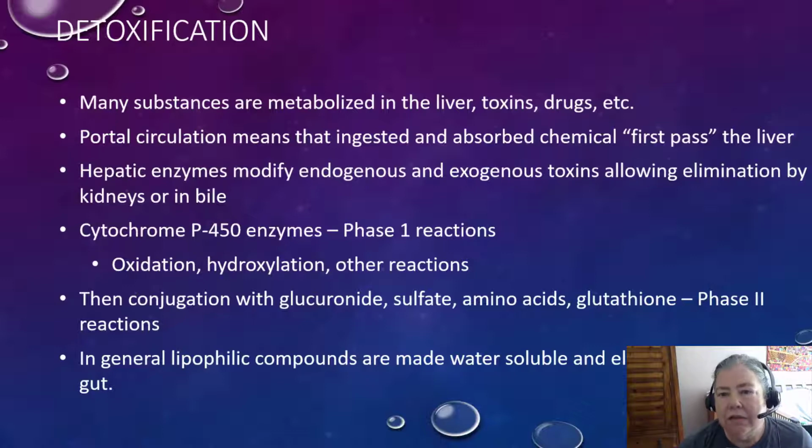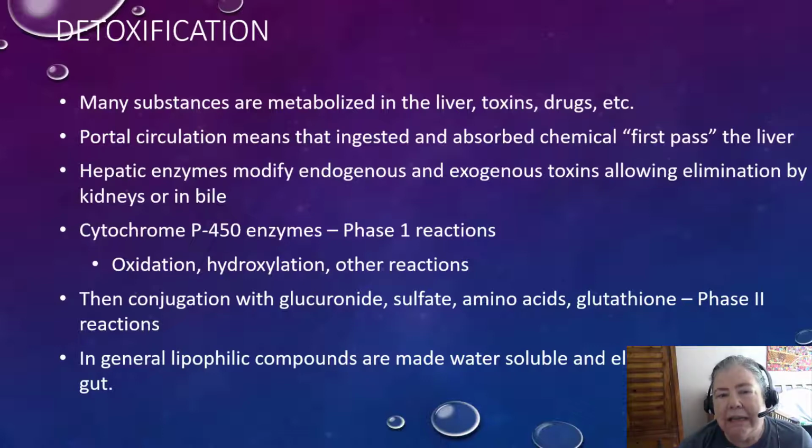Then there are phase 2 reactions, and again, this is toxins and drugs. The molecules can be conjugated with glucuronide, sulfate, amino acids, or glutathione. These are phase 2 reactions.